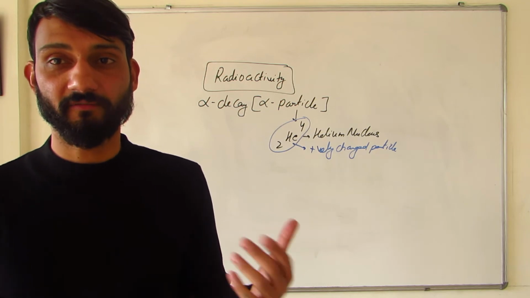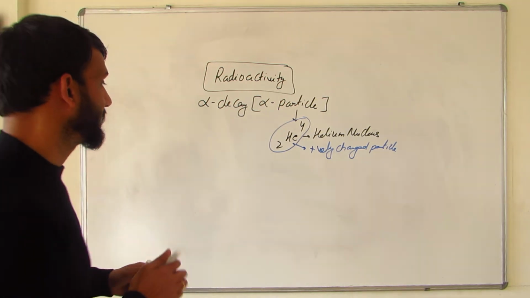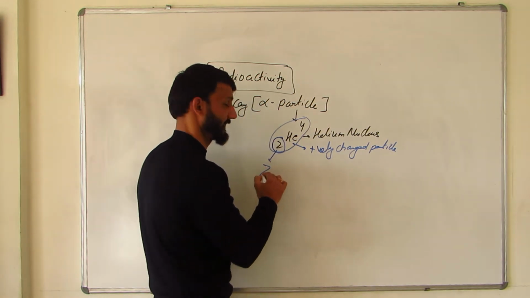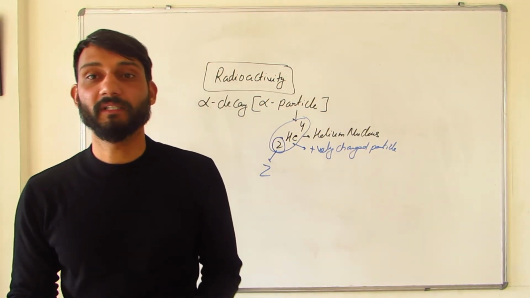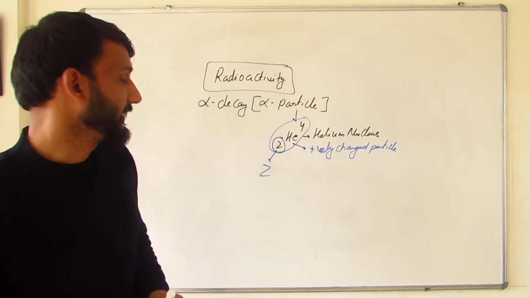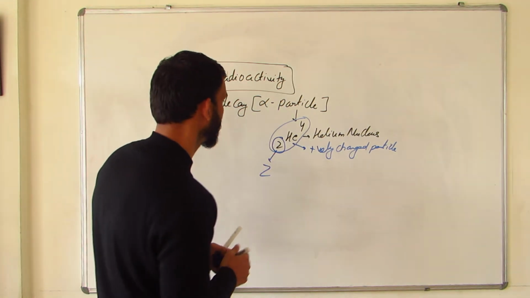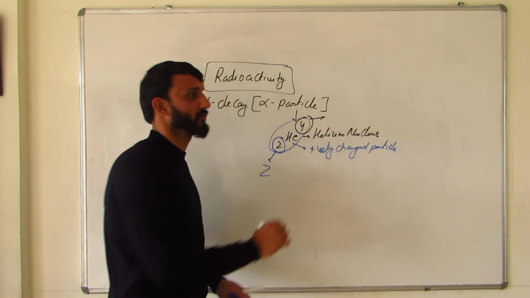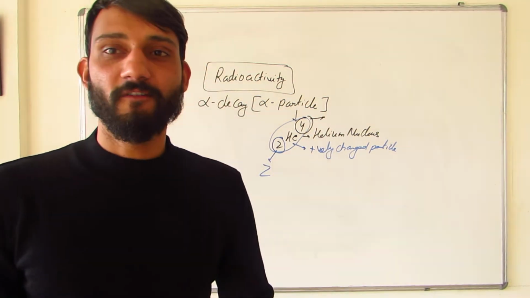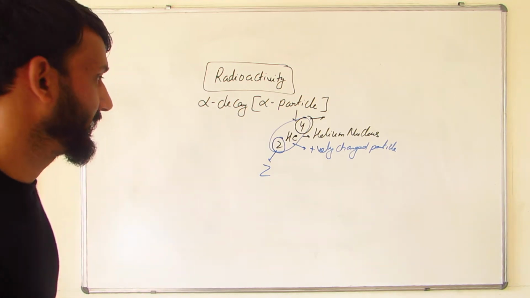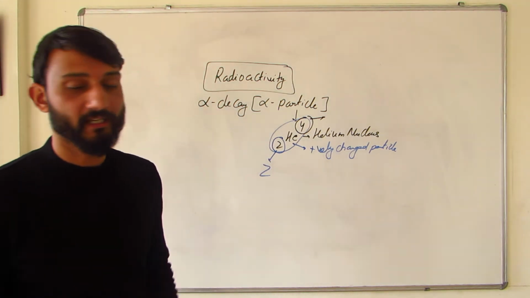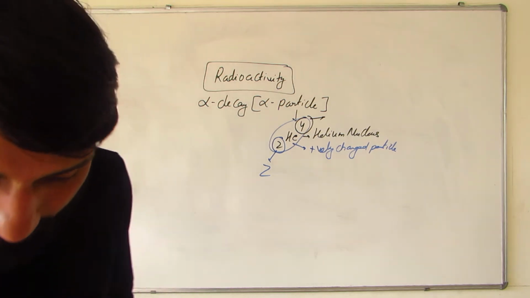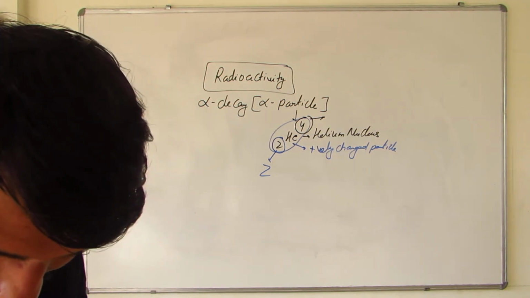It has 2 times the charge of a proton, because Z, the atomic number, is equal to the number of protons, and it has 4 times the mass of a proton. Why proton? Because it is also a positively charged particle. So this is the alpha particle, right?